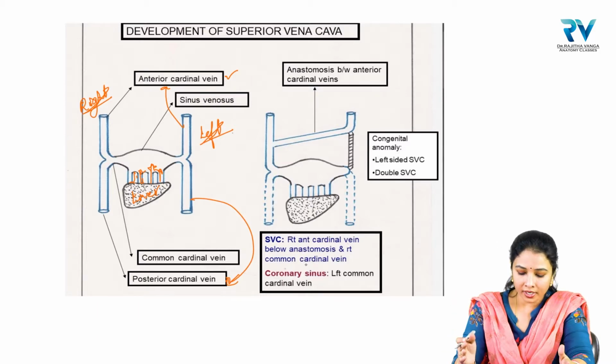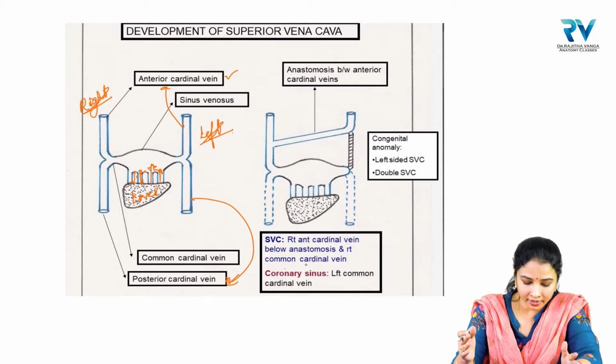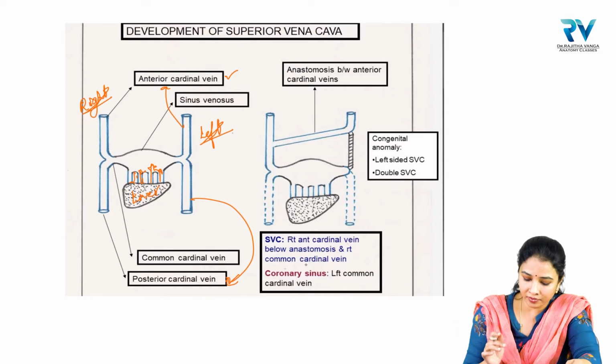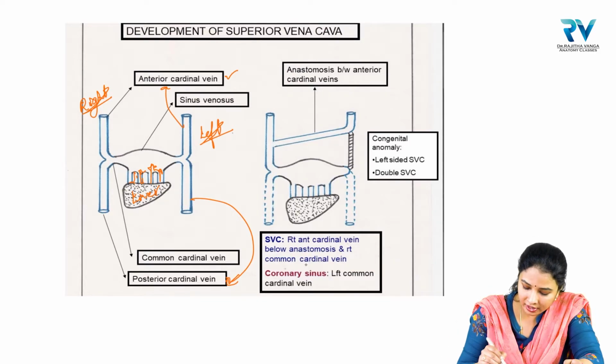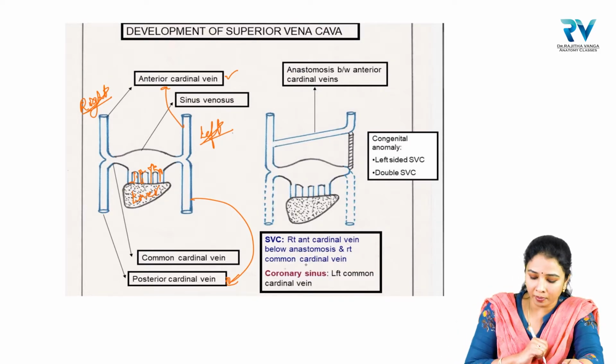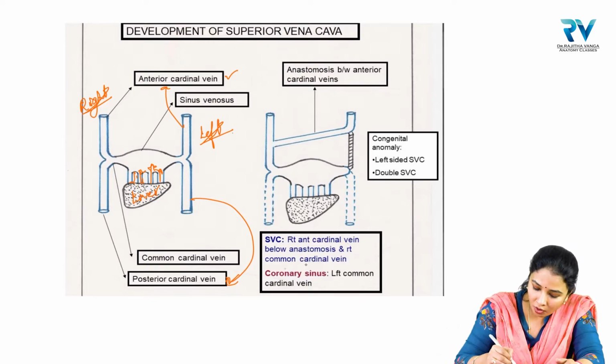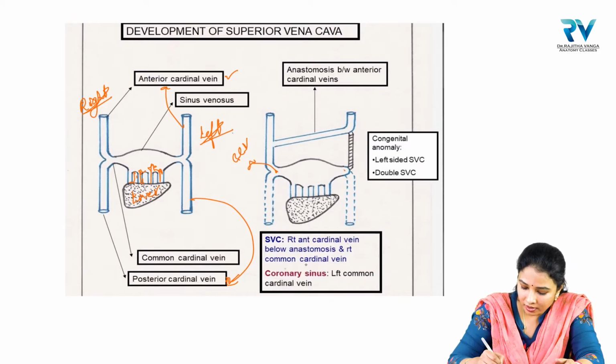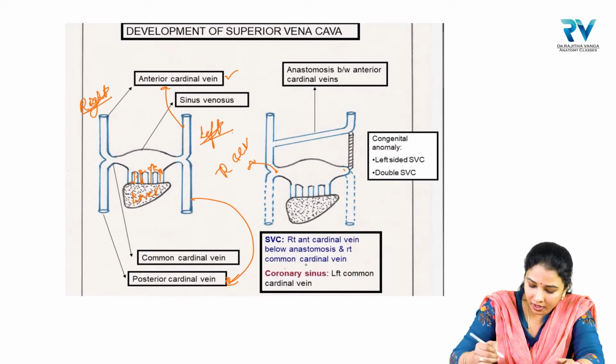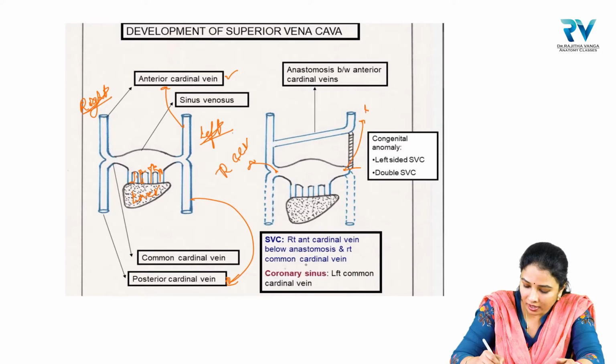And these two cardinal veins, right and left anterior cardinal veins, the dotted lines represent the degenerated part, and anterior and posterior on the right form a common cardinal vein. This is the right common cardinal vein. Here is the left common cardinal vein.